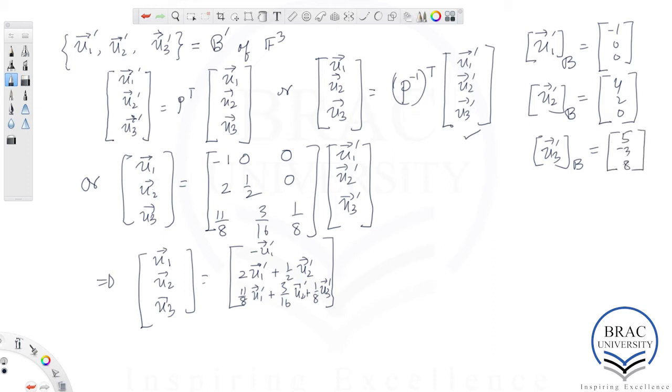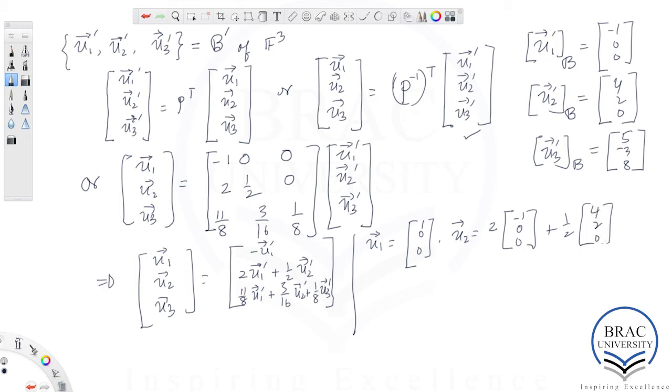Plugging these in, one immediately finds that u1 is minus u1 prime, which is 1, 0, 0, and u2 is 2 times minus 1 0 0 plus 1/2 times 4 2 0.